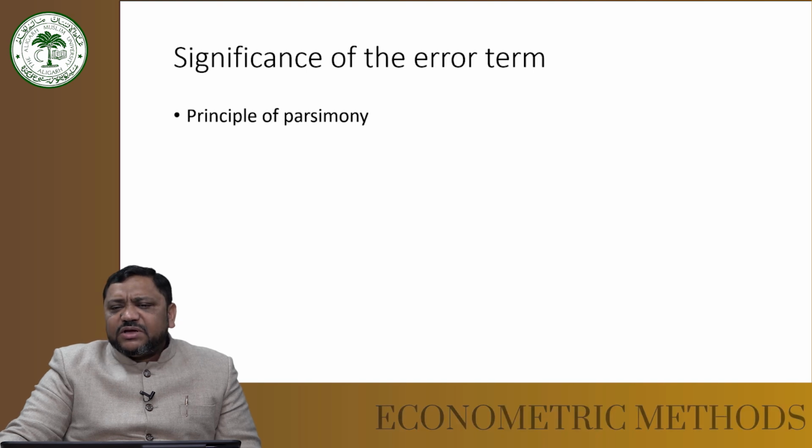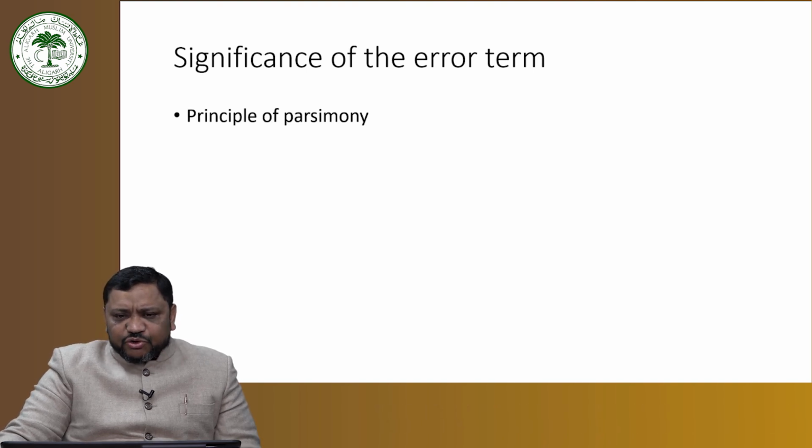In this context, let the error term, that is u, represent all the other variables. However, it is crucial to exercise caution and not exclude pertinent variables that are relevant and important merely for the sake of simplifying the regression model.